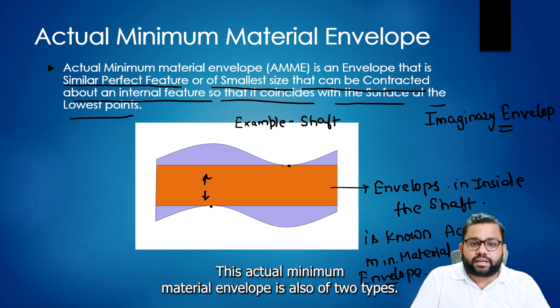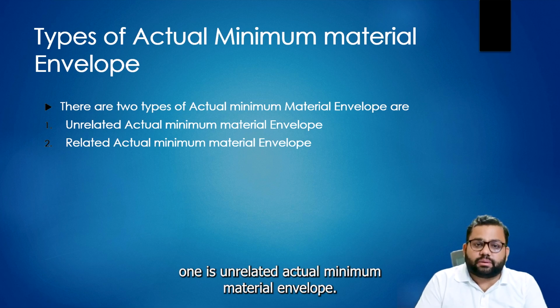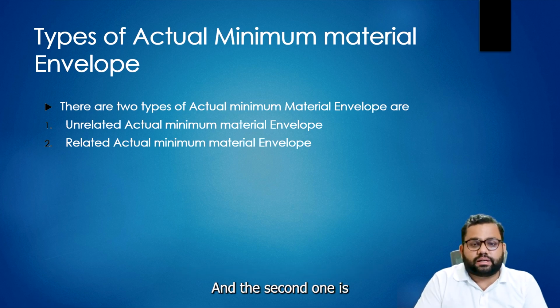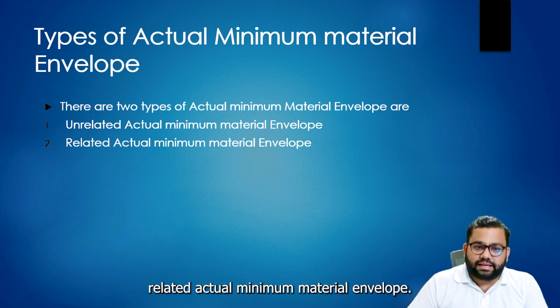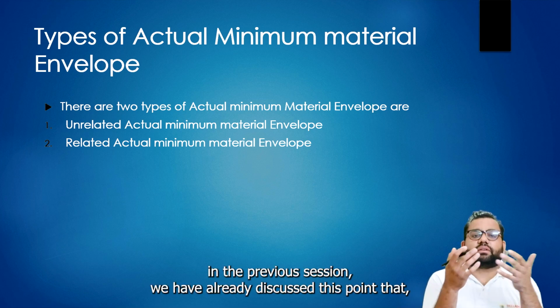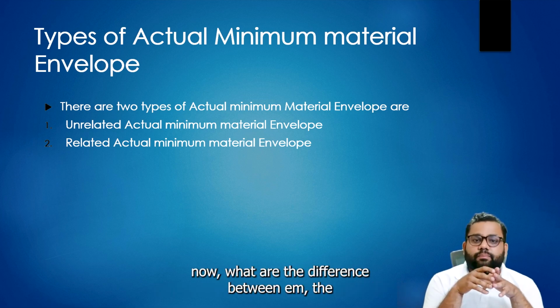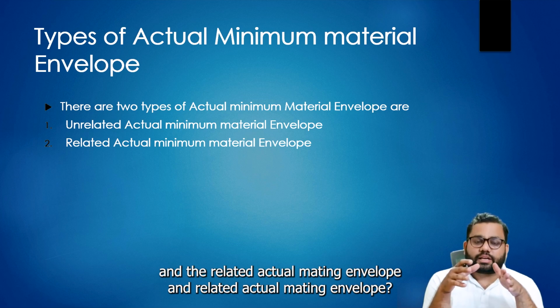This actual minimum material envelope is also of two types. The first one is the unrelated actual minimum material envelope, and the second one is the related actual minimum material envelope. In the previous session, we discussed the difference between the unrelated actual mating envelope and the related actual mating envelope.